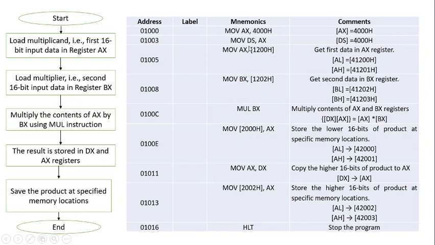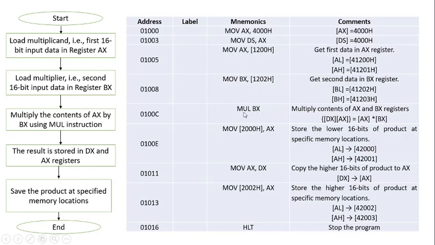Now this is the code. We are making the contents of the DS data segment register 4000 in hexadecimal. Then we are taking our input data from these memory locations. Then we are using the mul instruction.